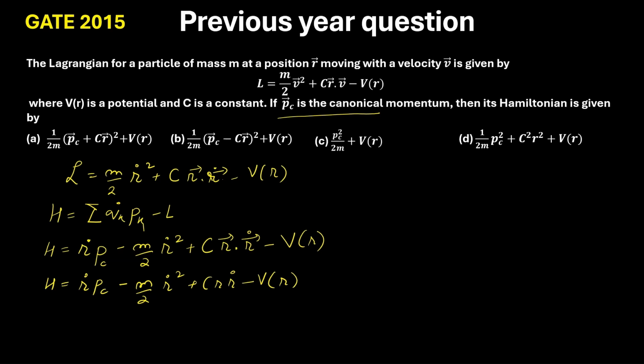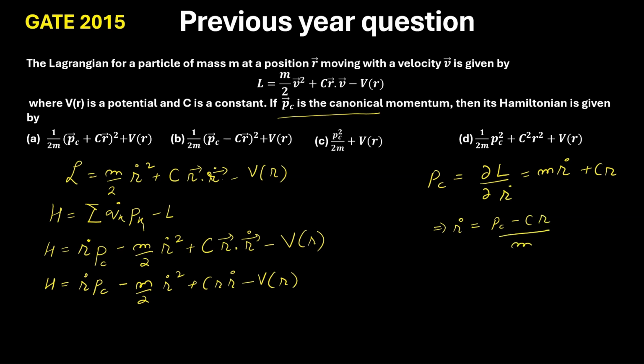Now we can substitute, because in the options they have not given it in terms of r dot. So pc will be given by the derivative of the Lagrangian with respect to r dot. If I differentiate, it will be m r dot plus c of r. So from this I can write r dot as pc minus c of r divided by m.